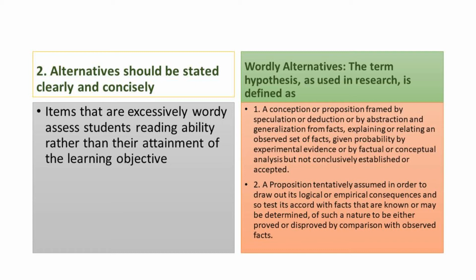It is very wordy. So you have to avoid the alternatives being too wordy, otherwise it will create confusion and the students' assessment of the learning objective may be affected. So the alternatives should be clearly and concisely stated.